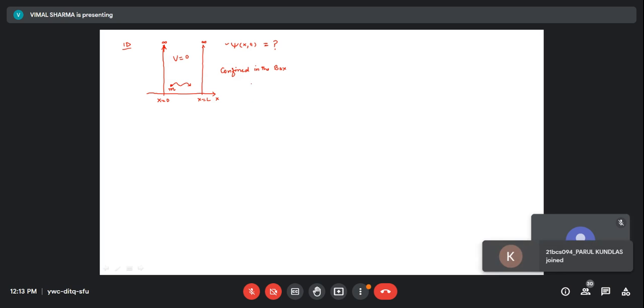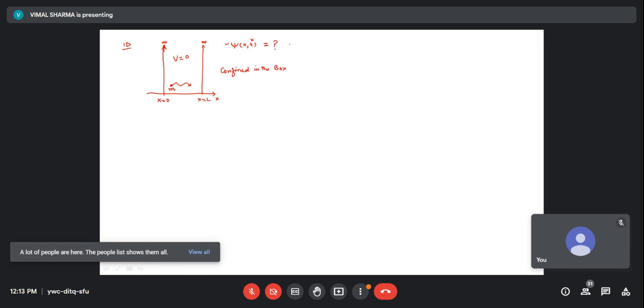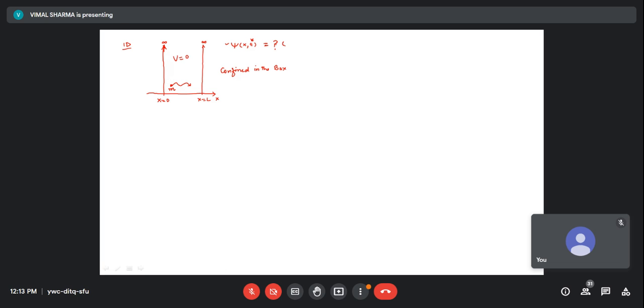Because we are keeping our problem very simple, we are ignoring time dependence of this wave function. We can write this wave function as a product of two functions, one a function of position x and another a function of time. This is the mathematics when we deal with partial differential equations.